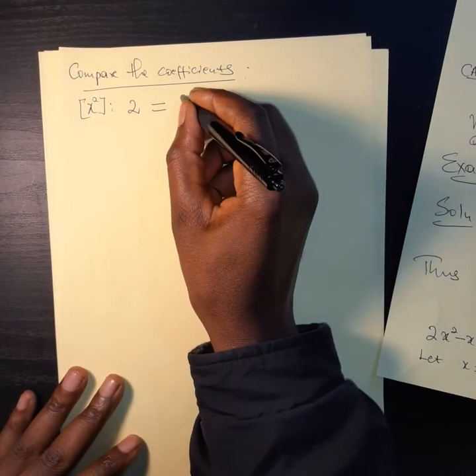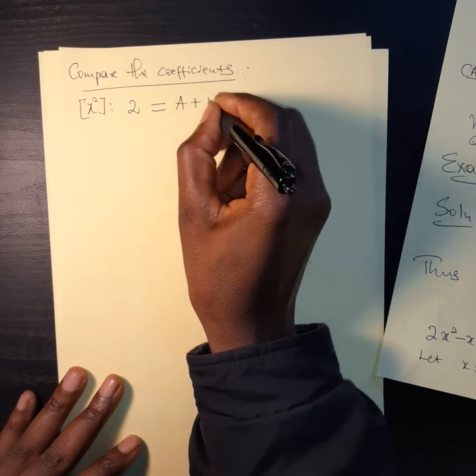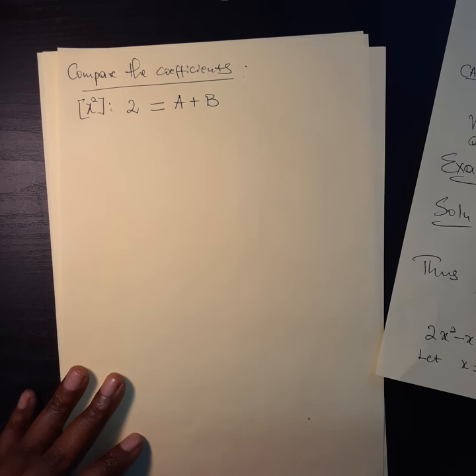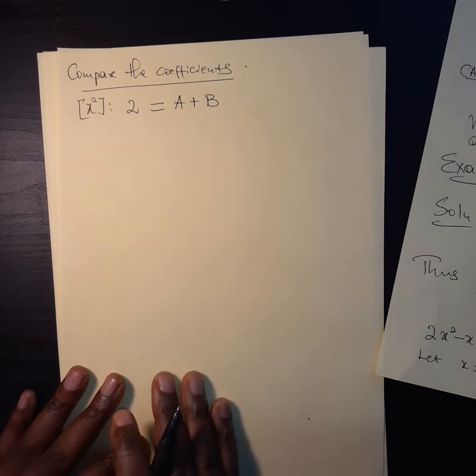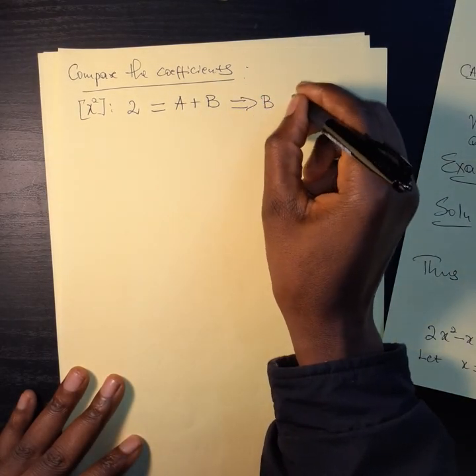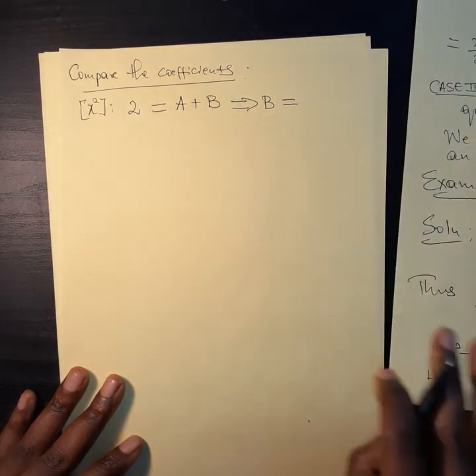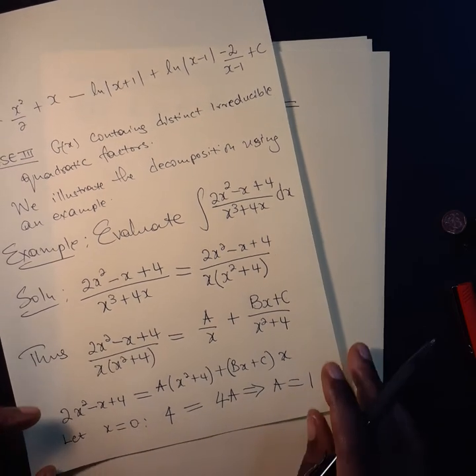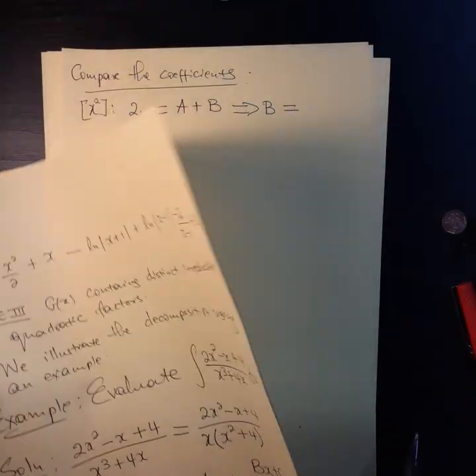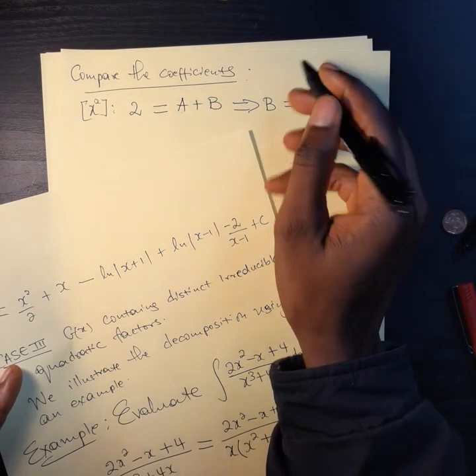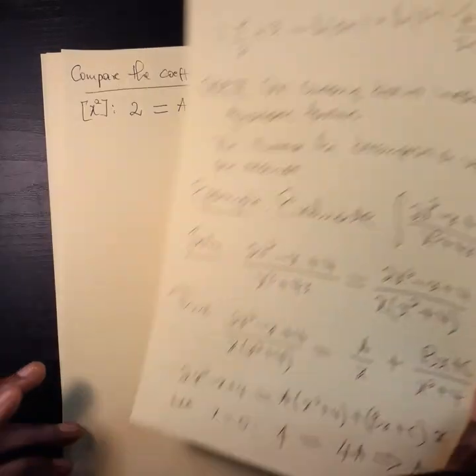So we have a plus b equal to 2. Now, because a is 1, it means b is equal to 1 also, like that.